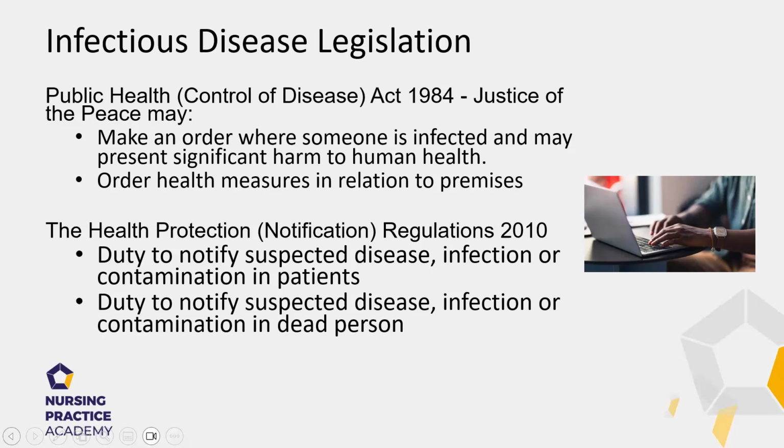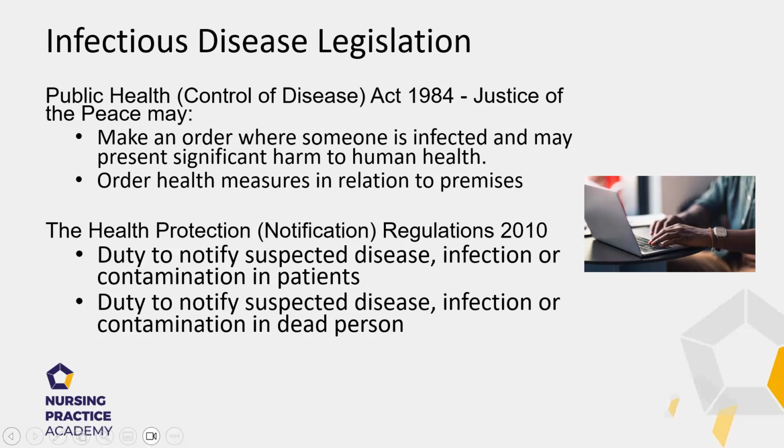If you send a specimen off for somebody and they have a disease that's under these notifiable regulations, for example salmonella, tuberculosis, variant Creutzfeldt-Jakob disease, you have a duty to notify that, or to notify contamination in a dead person as well. There are forms that get filled in and then sent off to be scanned.